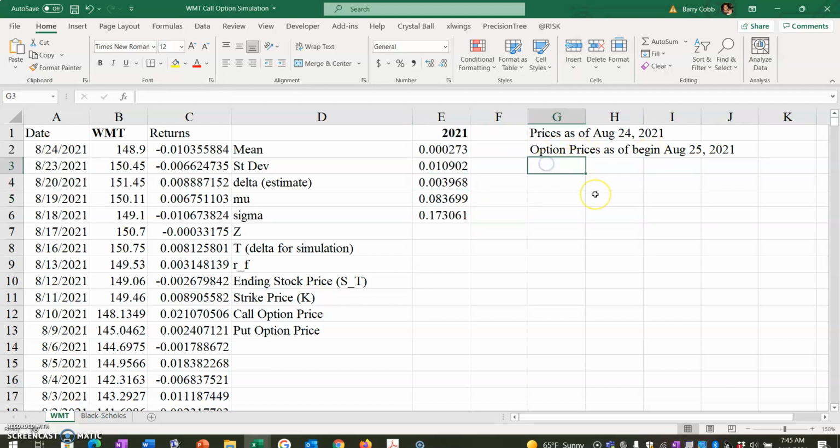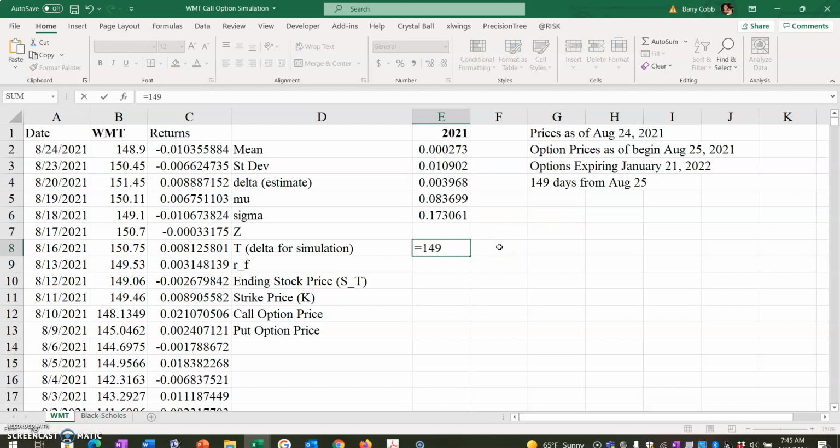These options that we're going to price are expiring on January 21, 2022, which is 149 days from August 25th. So for the simulation, we're going to be using a time period of 149 divided by 365.